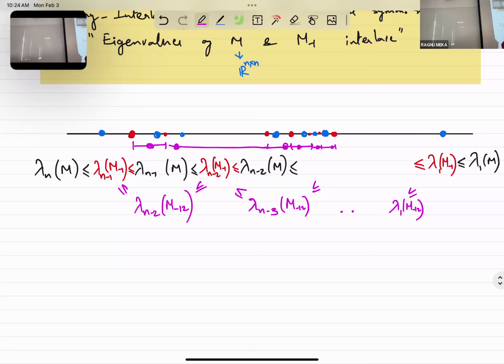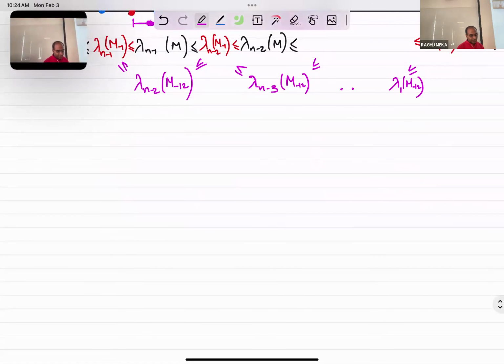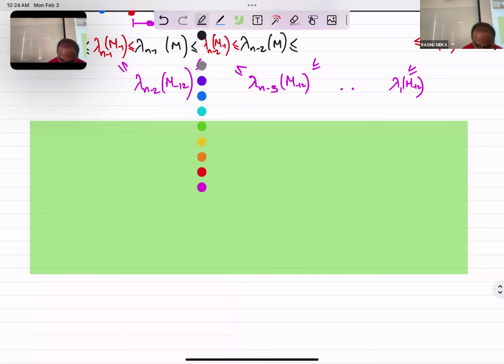So you can keep going like this. If I remove 3 columns and 3 rows, which is again a principal submatrix, then I would interlace here. And eventually you get a reasonably good relation. The general relation is as follows. You can just prove this by induction. It's not complicated given the original interlacing theorem.